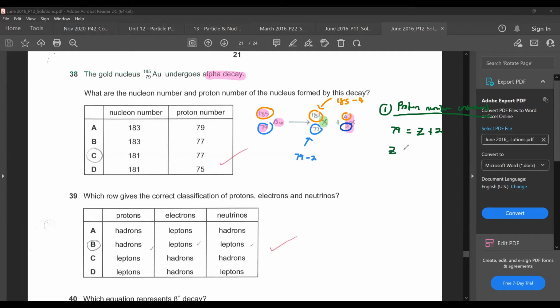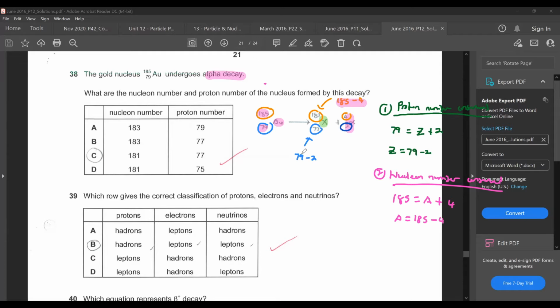So Z is 79 minus 2. If I tell you nucleon number is conserved, this one will be 185 equals A plus 4. So A is 185 minus 4. Okay, that's why I get this.